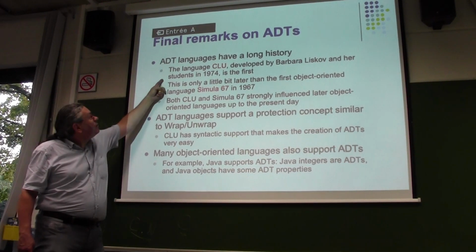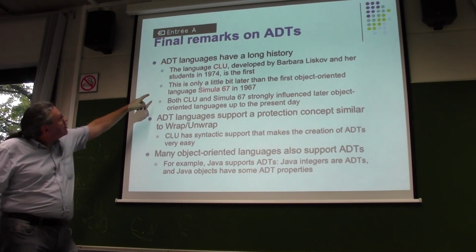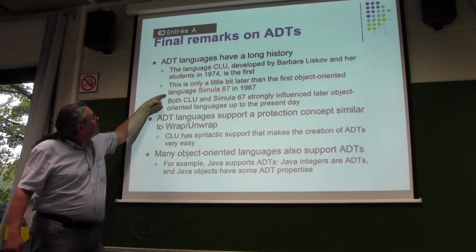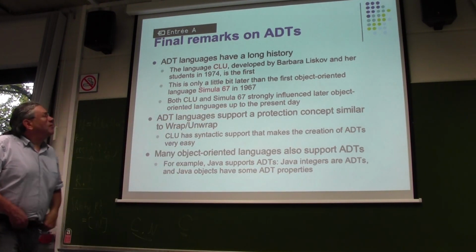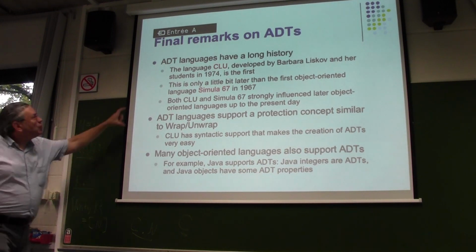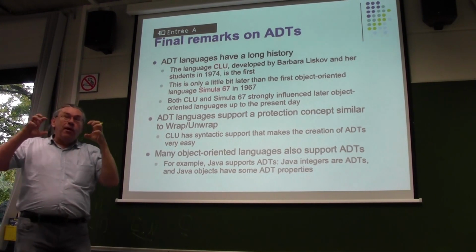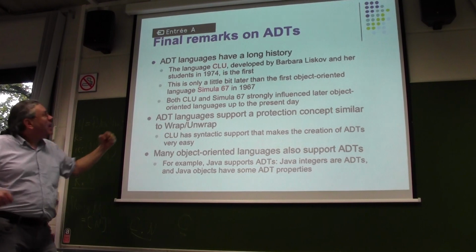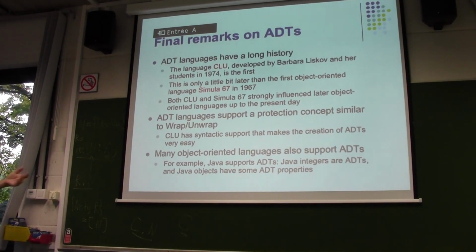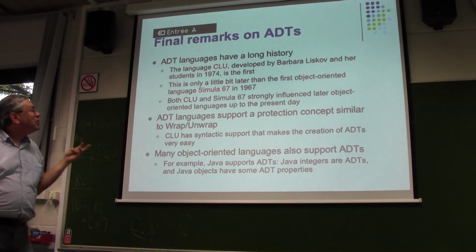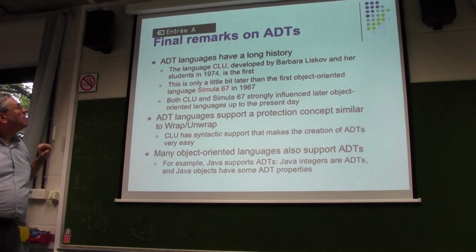So this was 1974, and this is almost the same time as the first object-oriented language, Simula 67 in 1967. These two languages were like pillars. They influenced many languages up to today. C++, Java, Smalltalk. Every language today was influenced by this.